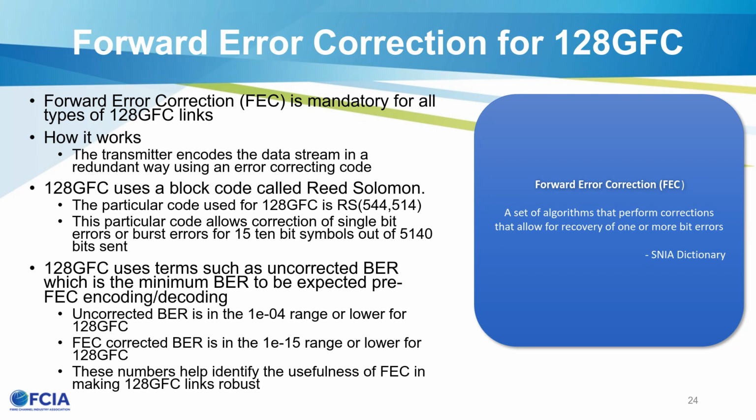If you have more than that, then you will start getting uncorrected FEC code words. And we talked about how we should be able to work from a simple bit error rate of 1e to the minus 4 and have extremely low uncorrectable FEC code words. The same kind of metrics were used in 64 GFC.